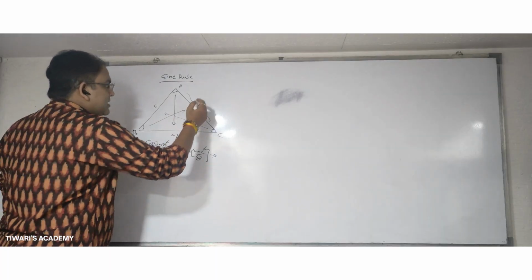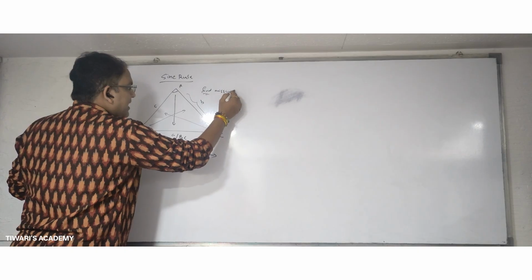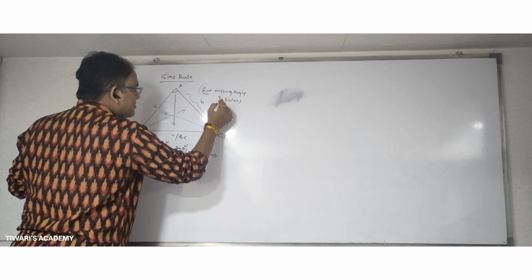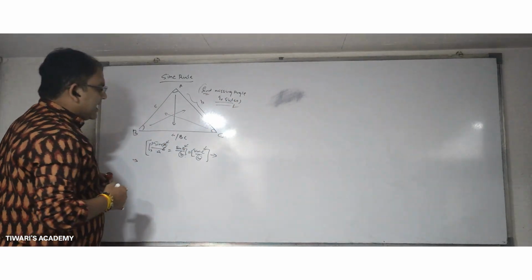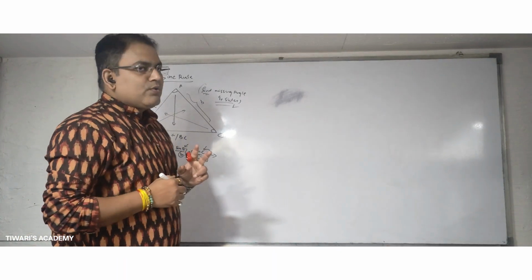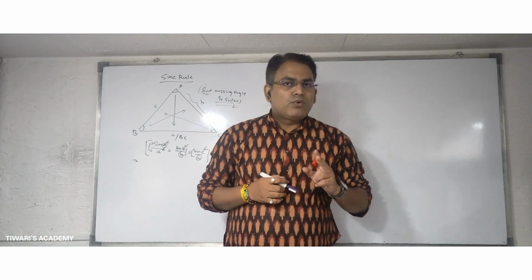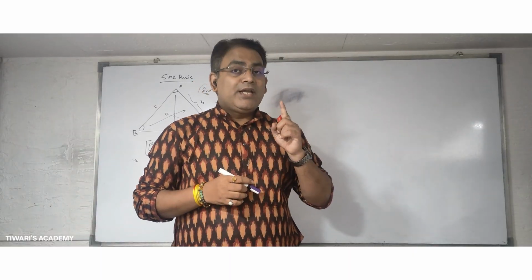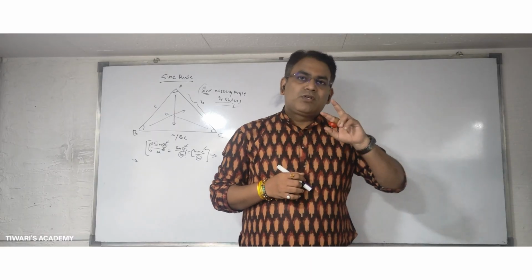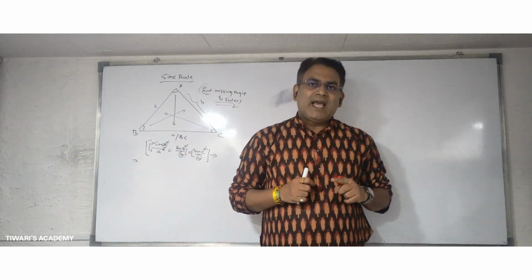Now, how does this rule work? Just now I told you that this rule is to find missing angles and sides. When we are told to find missing angles and sides, we need to have at least 2 angles and 1 side in order to find another missing side, or we need 2 sides and 1 angle in order to find 1 missing angle.